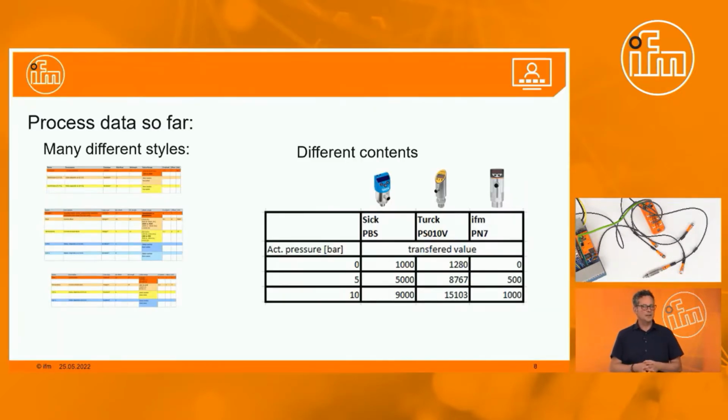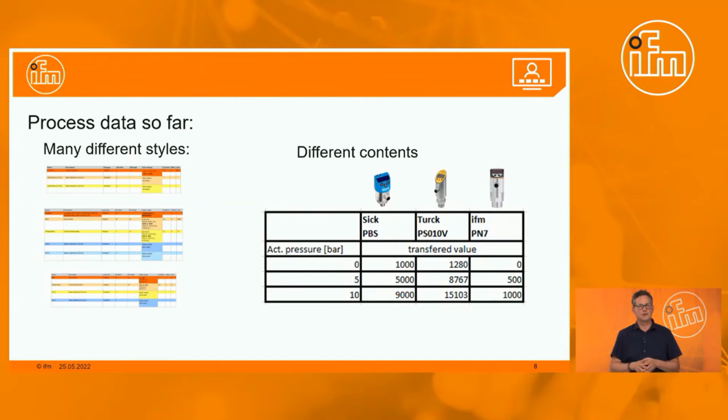Maybe you have heard about the IOLink smart sensor profile so far. Before the smart sensor profile, every device manufacturer took his own interfaces, his own structures, for how to transfer process data. On the left-hand side, you see 3.